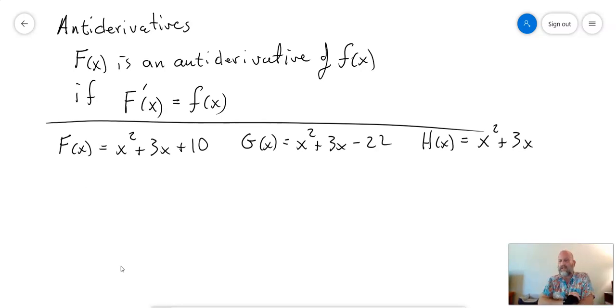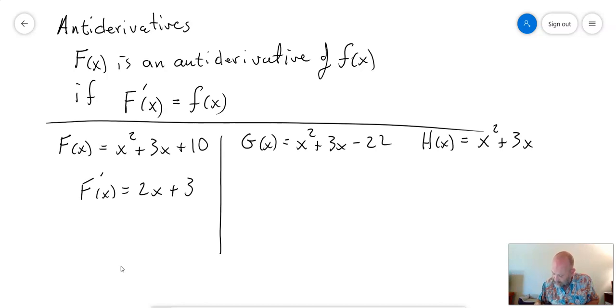Okay, so let's actually look at the derivative of each one of these. So f prime: the derivative of x squared is 2x, the derivative of 3x is 3, and the derivative of 10 is 0. So I'm done there.